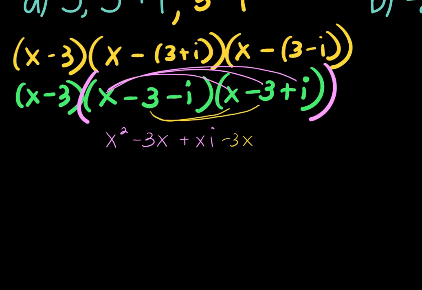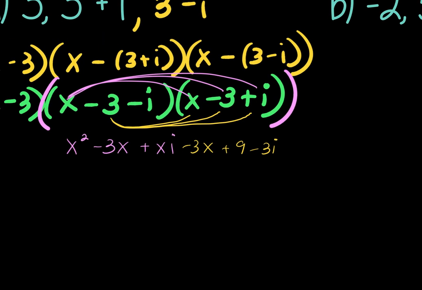Negative 3 times negative 3. Negative 3 times i. Then the negative i. Negative i times x. Negative i times negative 3, positive 3i. Negative i times positive i, negative i squared.